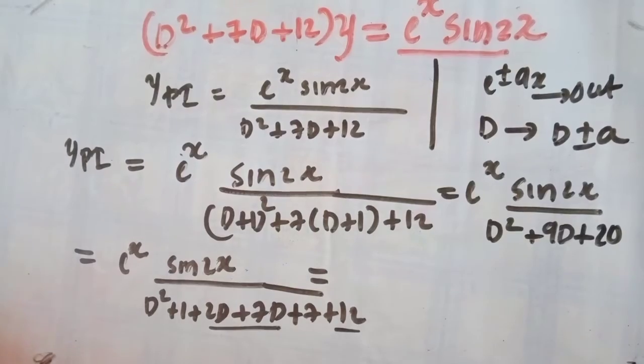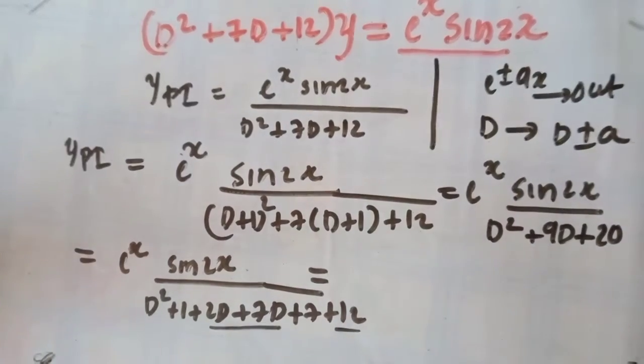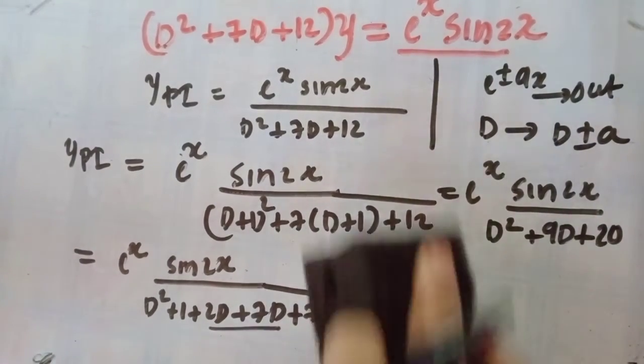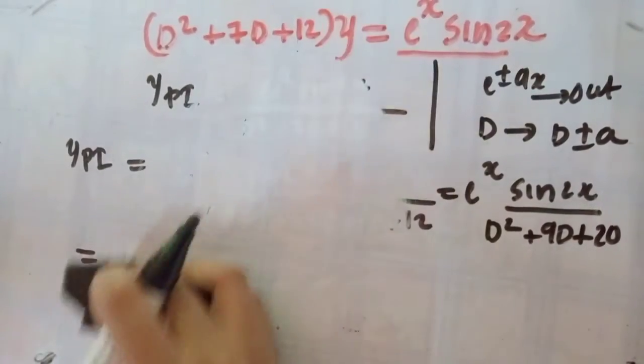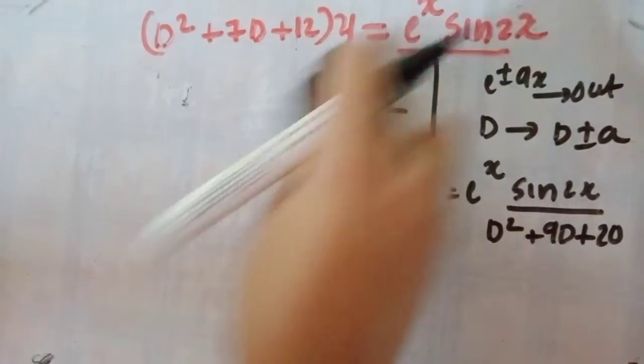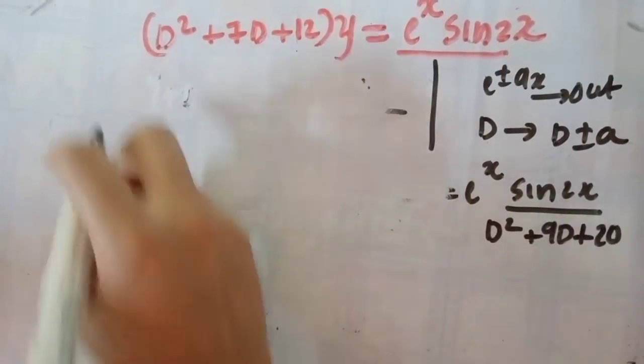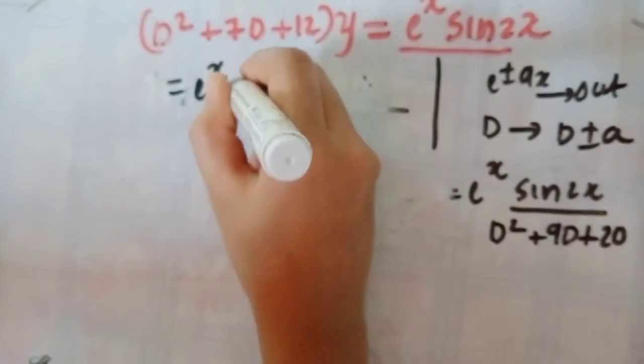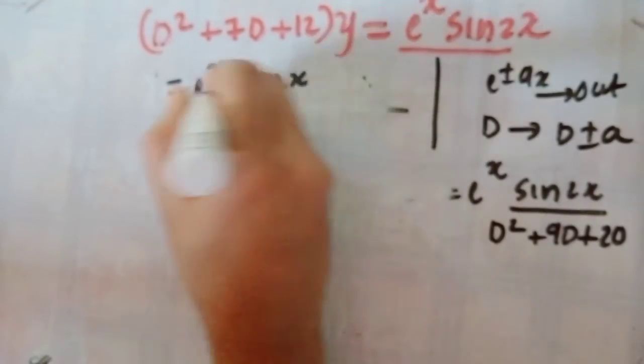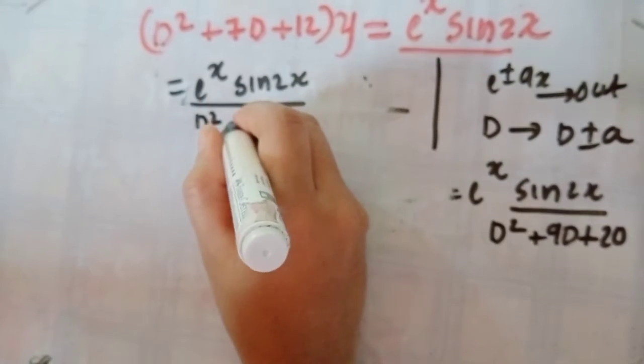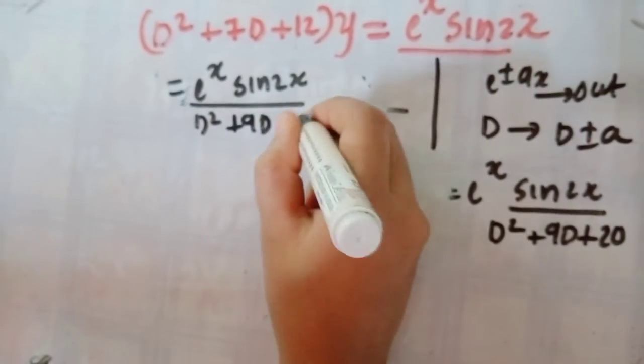This is the form we get from this question. The right hand side is a sine function, so e raised to x sine 2x divided by D square plus 9D plus 20.